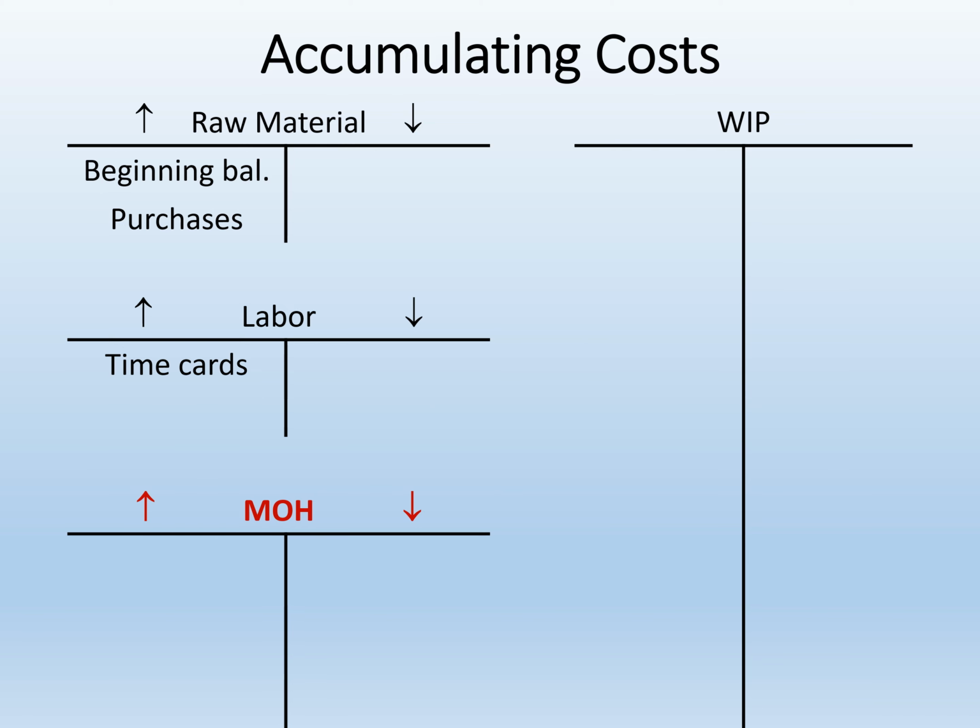So in the accumulation phase, manufacturing overhead includes the rent on the factory and the utilities that are used in the factory, depreciation on the factory equipment, insurance, and any other costs associated with having a factory.